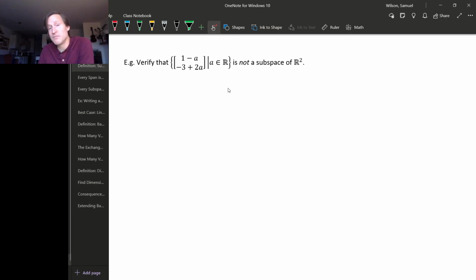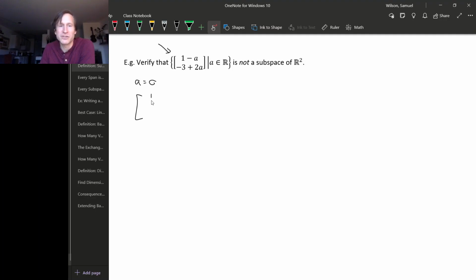It's not really obvious at first which of those 3 properties of a subspace we should try to falsify first, but let's just grab a couple vectors out of this collection and add them together and see if we're still in this collection. So let's see. We could get one vector in this collection by choosing, how about a equals 0?